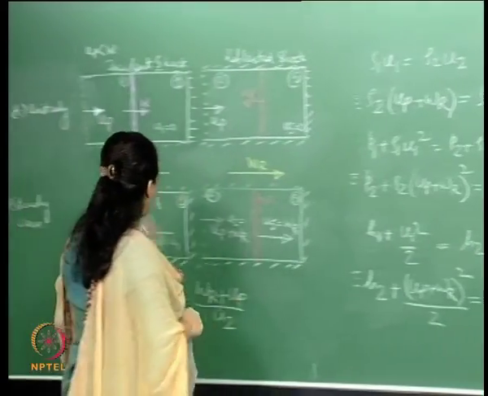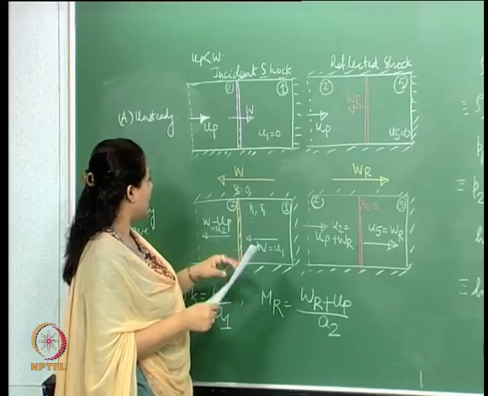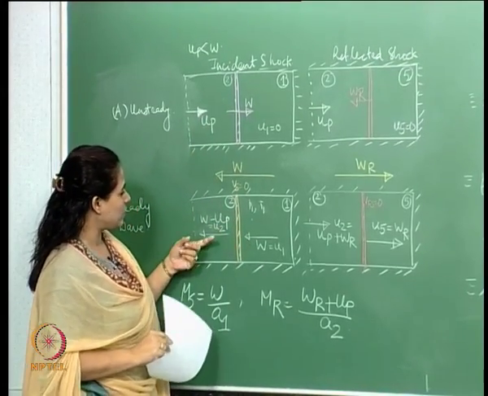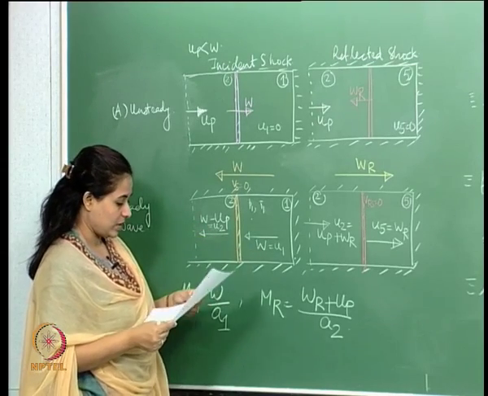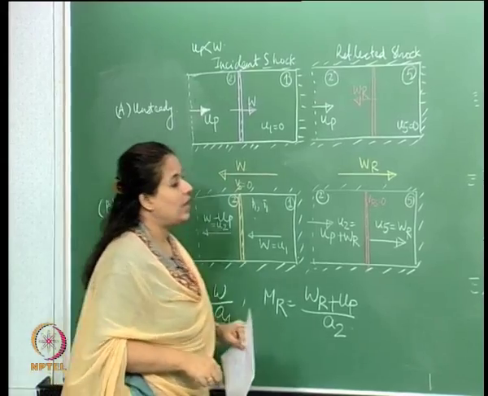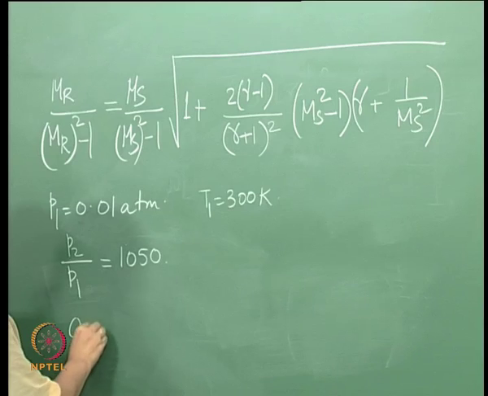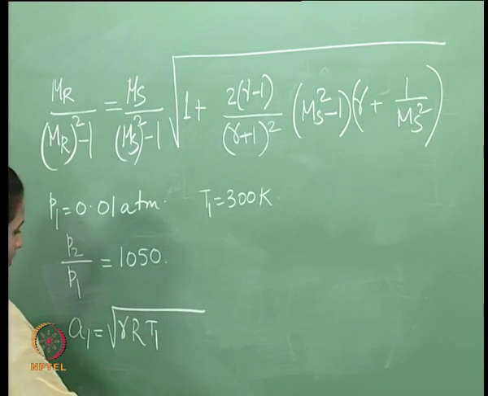So we will basically look at this picture out here. This is for the incident shock, so we will look at this picture over here. In region 2, this is my velocity and this is my velocity, right. Now what we can find out here is A1, which is the square root of gamma R T1.